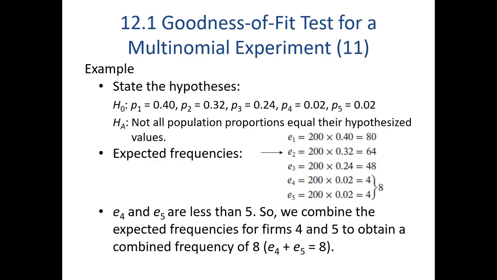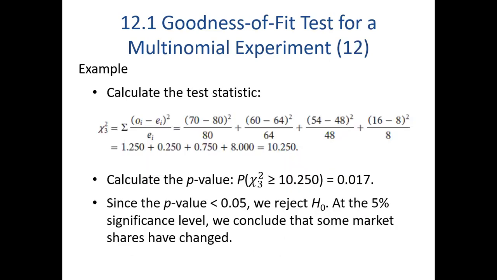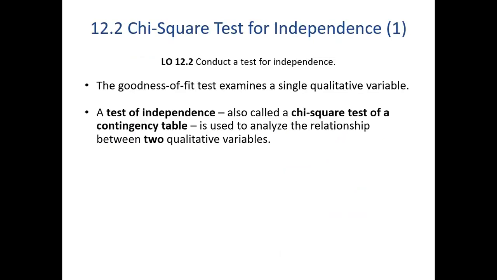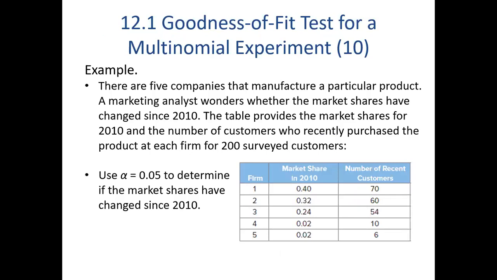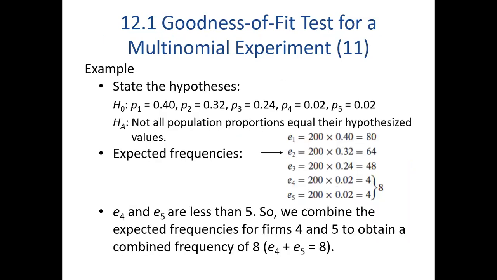So here E4 and E5 are less than 5. So we combine them to make it 8. Okay. We will also combine the observed counts, 10 plus 6, since the observed counts for firm 4 and 5 are less than 5.